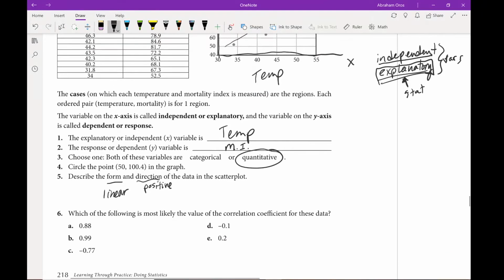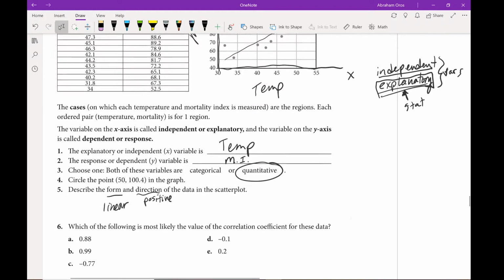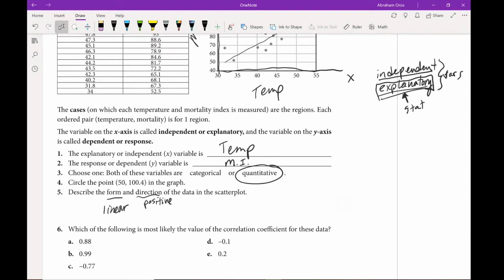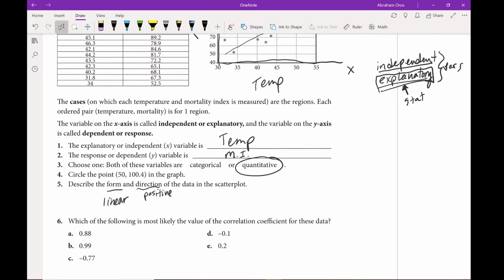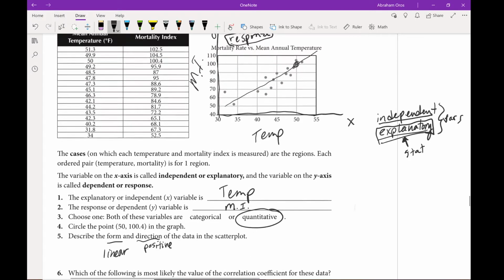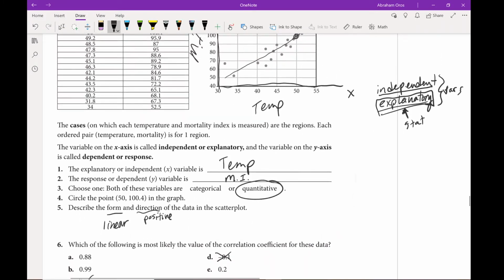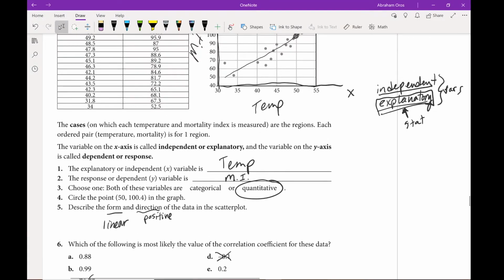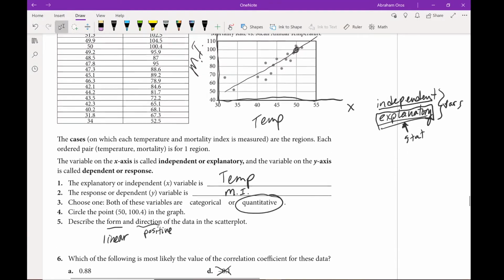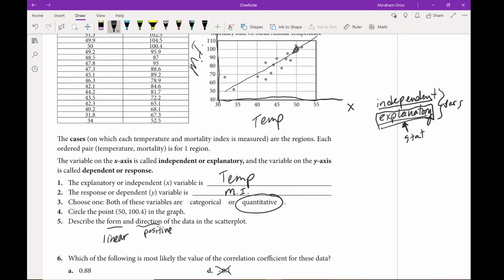All right, number 6, which of the following is most likely the value of the correlation coefficient for this data? Let's talk quickly about it. The direction is positive, so we're going to eliminate anything that's negative. These are not answers. I mentioned before that a number close to 0 means it doesn't really represent a line very well at all, and I think this line is fairly representative of the data set.